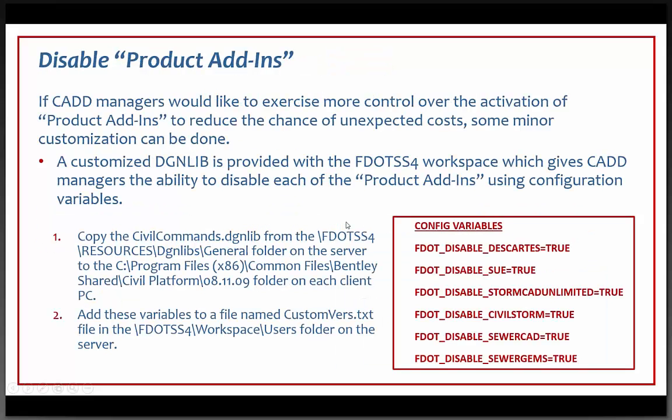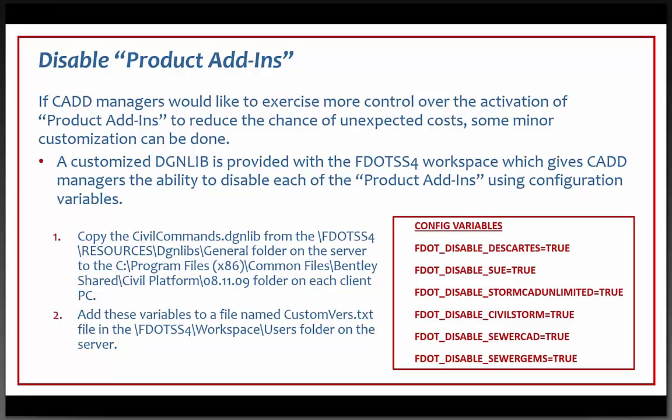Now, what we've done, I guess, to address some concerns that were brought up about this, is I came up with a way to disable those menu options for users. So I'm sure in a lot of companies you would have concerns about giving all the users the ability basically to activate new product, basically purchase new products by activating them. So I came up with a way that you can go in and disable those product add-in menus.